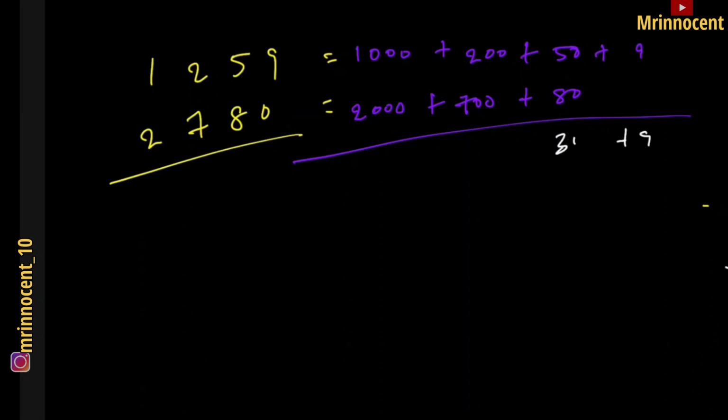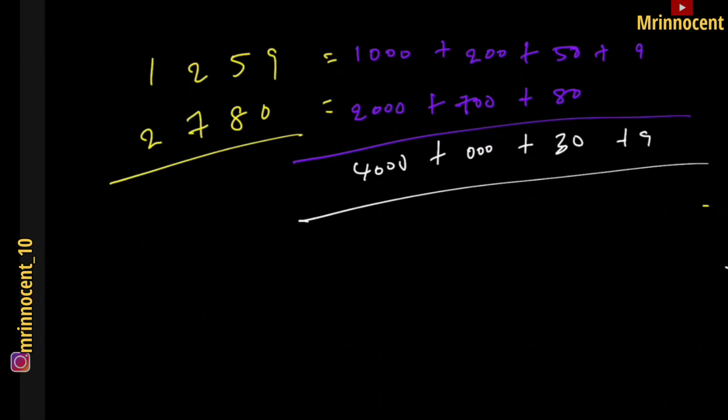We have 30 plus 100 plus 200 plus 700 is 1,000. That, bring down to 1,000 plus 1,000 plus 2,000 is 4,000. So we have 4,039.